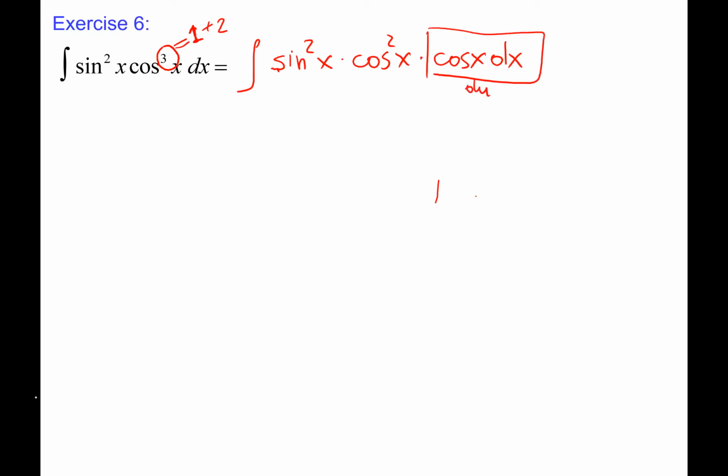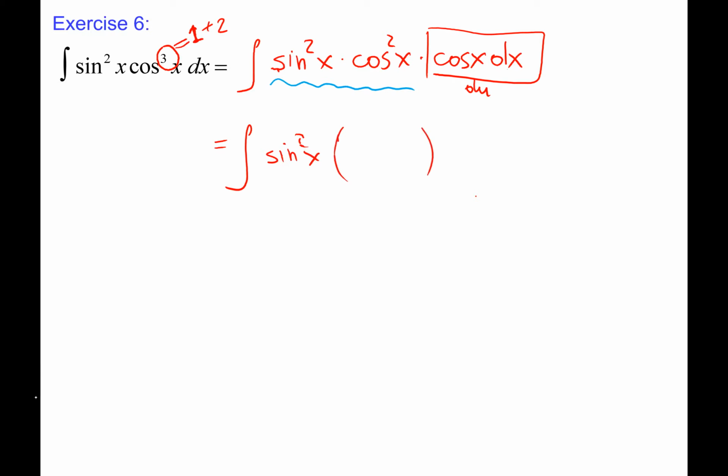I'm assuming this will be my du, right? But if this is my du, the rest of the integrand needs to be rewritten in terms of sine, since I'm planning to have sine of x. That means I will keep sine squared of x, perfect.